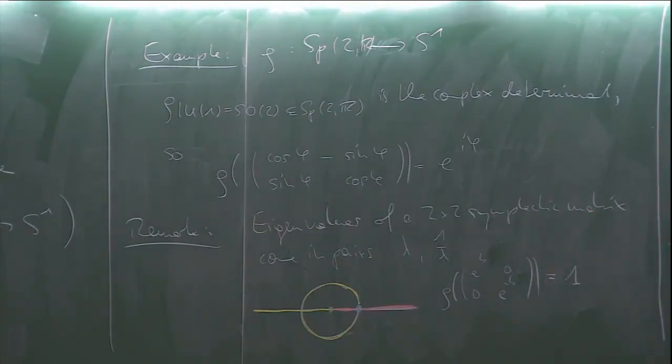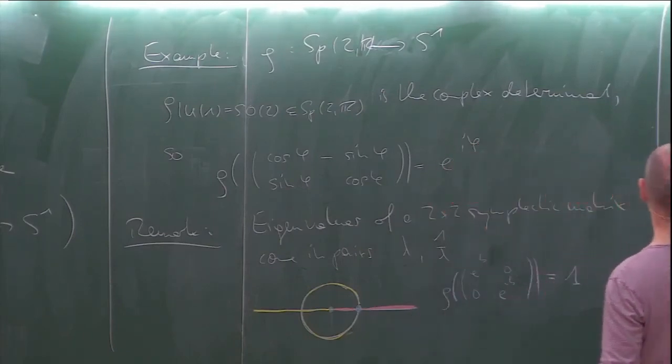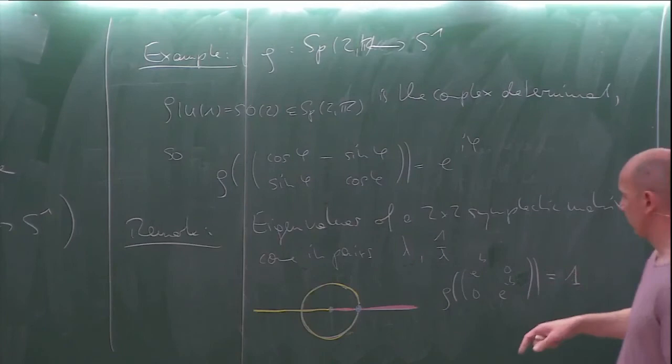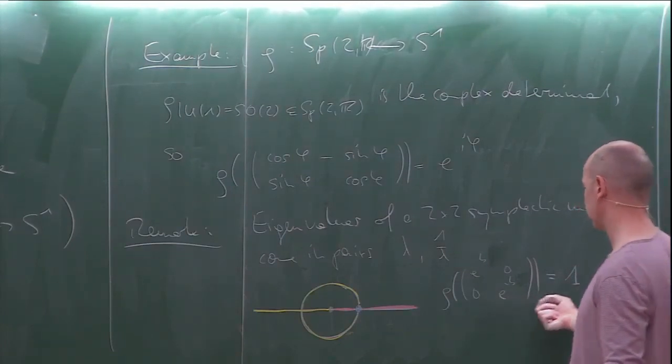So in general, if the eigenvalues are positive real, then rho is 1.